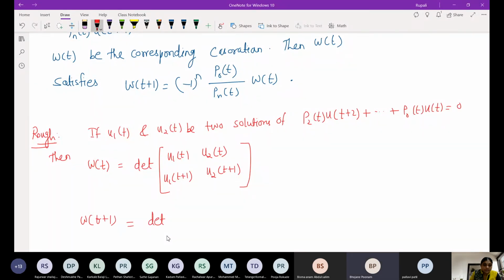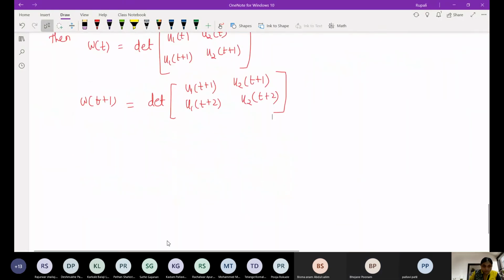Then W(t+1) is the determinant with rows u1(t+1), u2(t+1) and u1(t+2), u2(t+2).